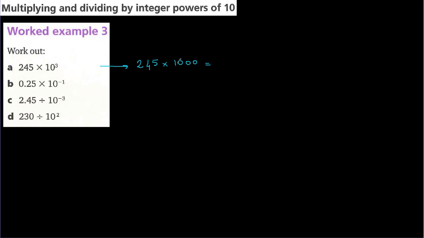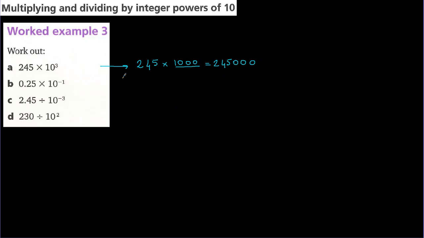So when you multiply an integer by 10 to the power of n, you are adding that many zeros to the end of the number. So it becomes 2, 4, 5, then 0, 0, 0, 3 zeros we are going to add here.